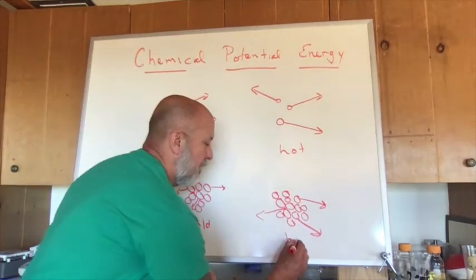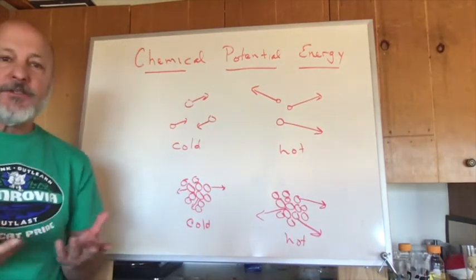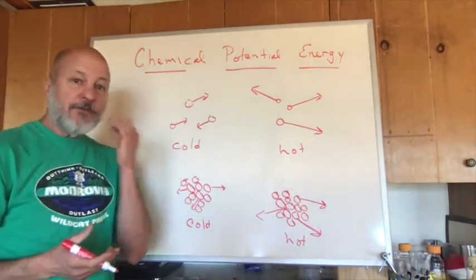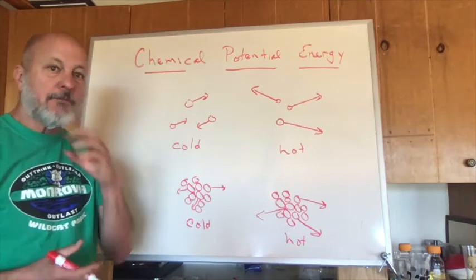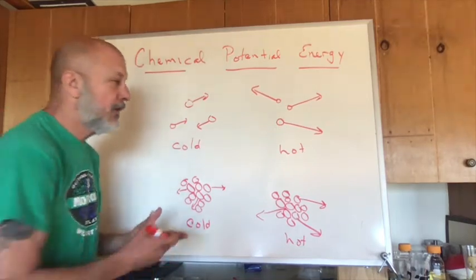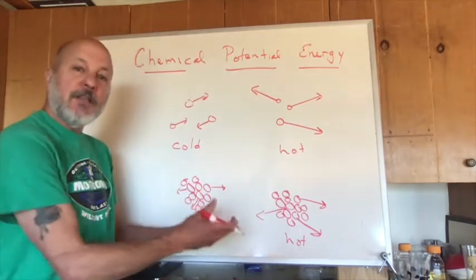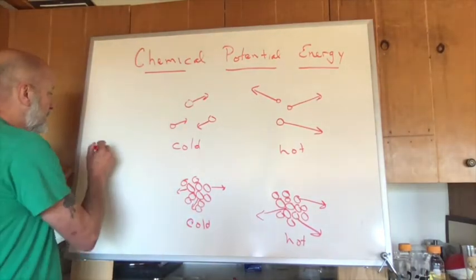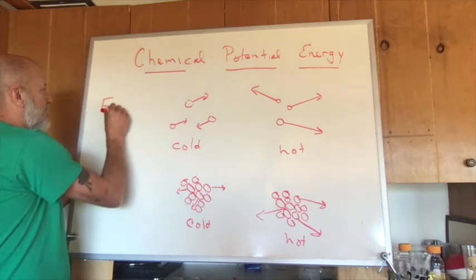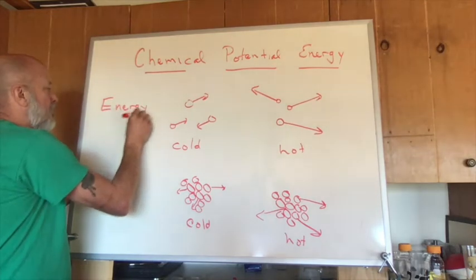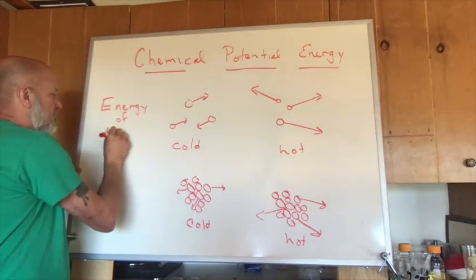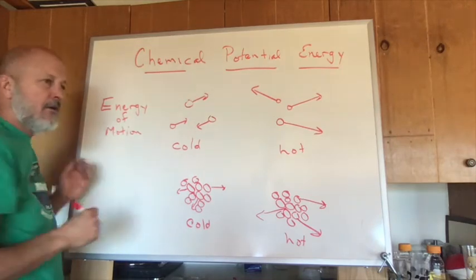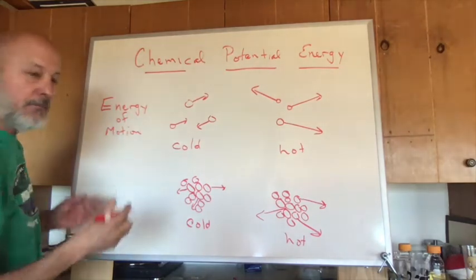So cold and hot. As temperature increases for solids, liquids, or gases, the motion of the molecules increases with temperature, the velocity. In solids it's a vibrational motion. And so we have that energy of motion, which we give, of course, the term kinetic energy.